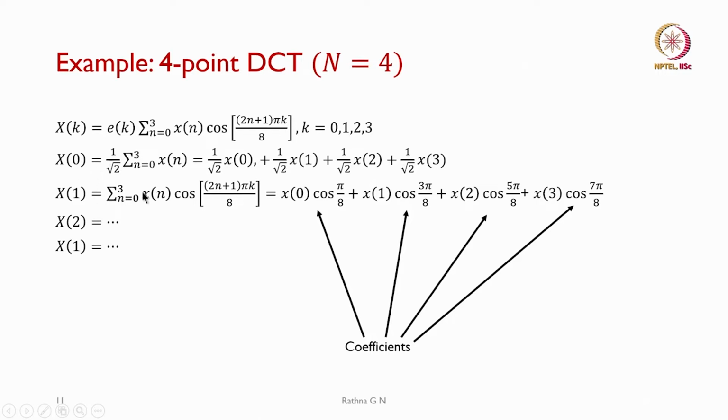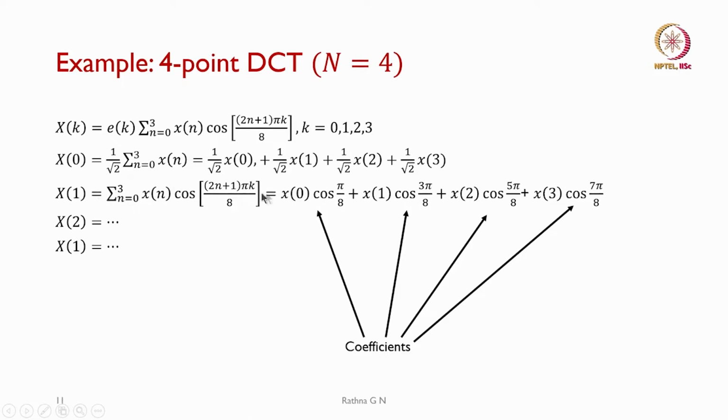To get X of 1, we will expand this equation by substituting n is equal to 0 to 3 in this case, which is going to be x of 0 into cos pi by 8 and x of 1 into cos 2 pi by 8 plus x of 2 into cos 3 pi by 8 plus x of 3 into cos 7 pi by 8.